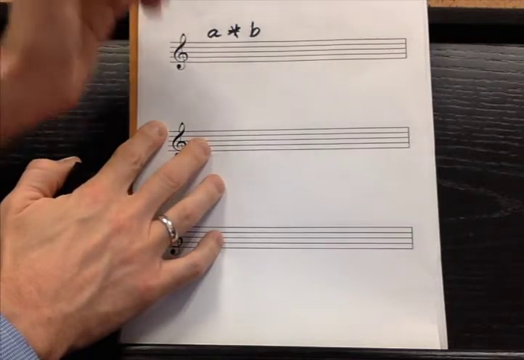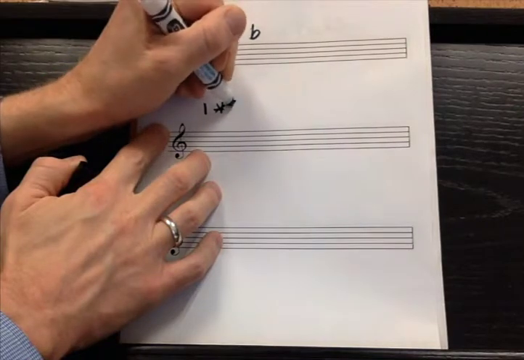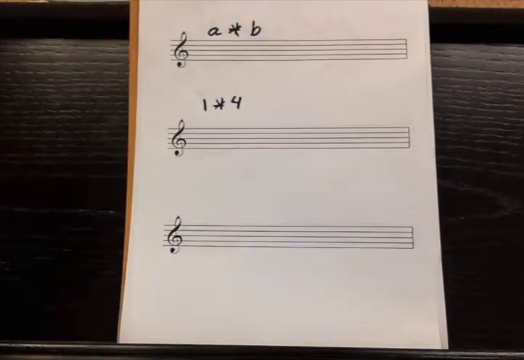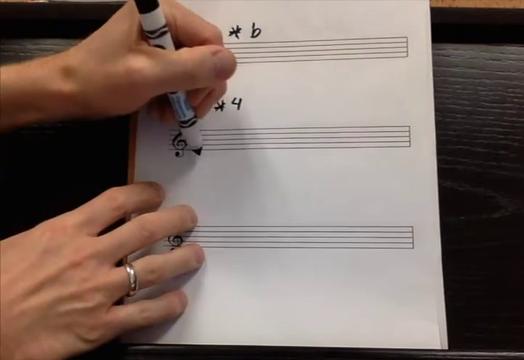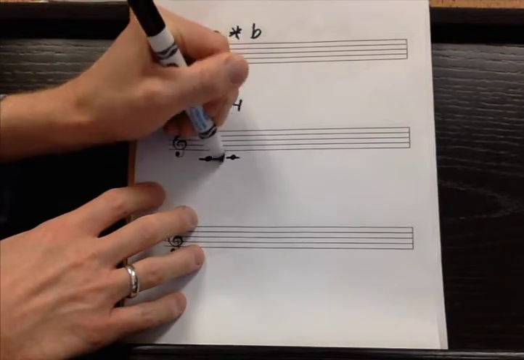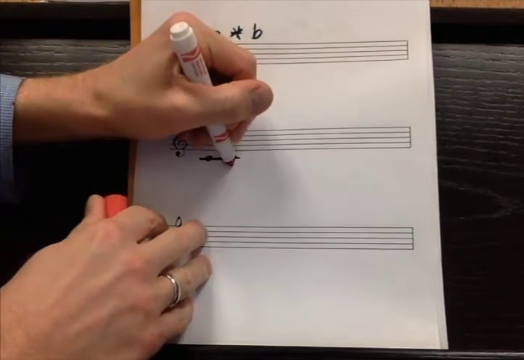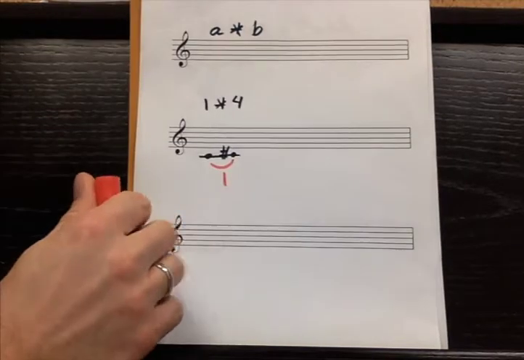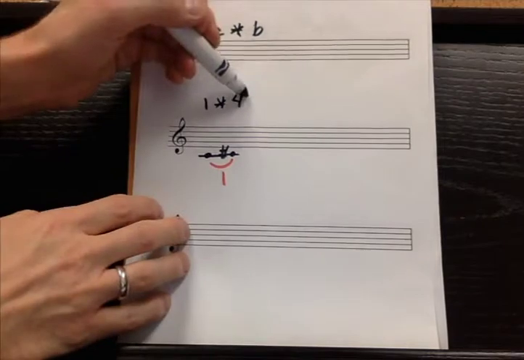Let's look at an example. We'll try 1 combined with 4. That means we start with two notes that are separated by one semitone. I'll do C and C sharp. That's one semitone. And then I'll take each of those notes and move them up 4 semitones.